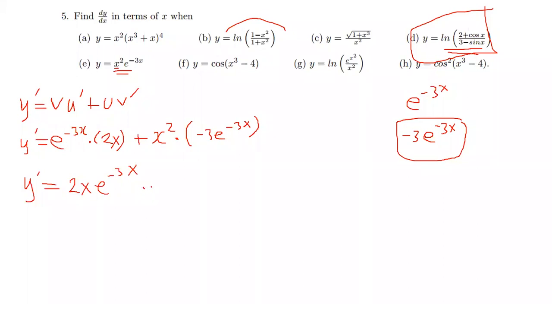So it's going to be negative 3x squared e to the power negative 3x. So this is what you're going to have as your answer on that question. So we proceed to the next question.